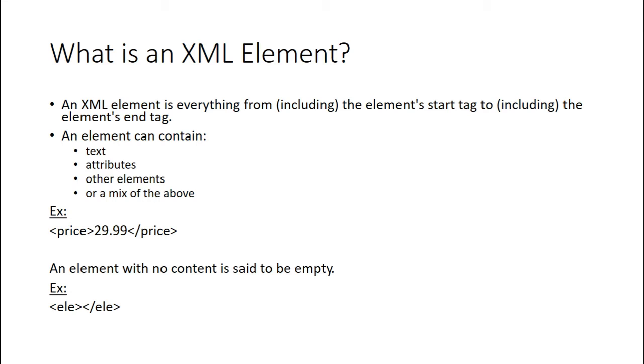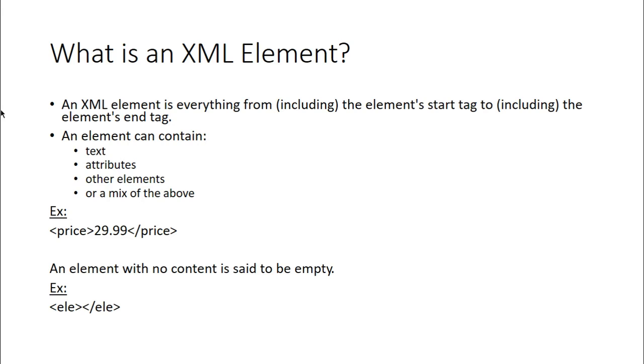Let us see what we mean by an XML element. An XML element is everything from the element start tag to the element's end tag. Everything including the element start tag, its end tag and everything in between, we call an XML element. An XML element can contain text, attributes, other elements, as well as a mix of all the above.